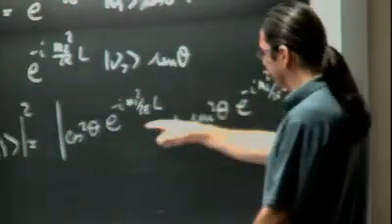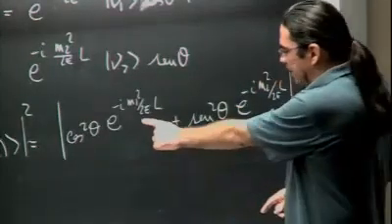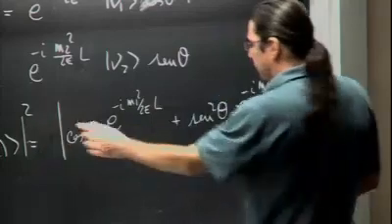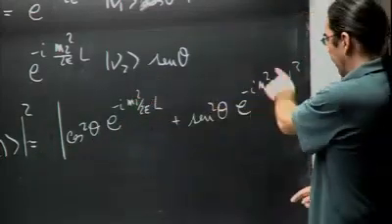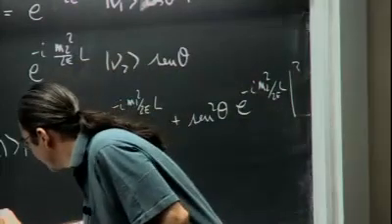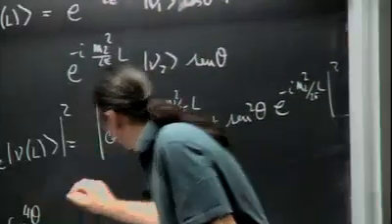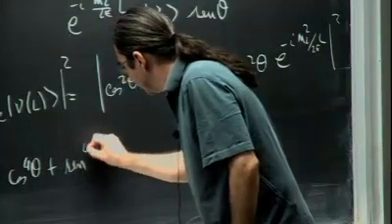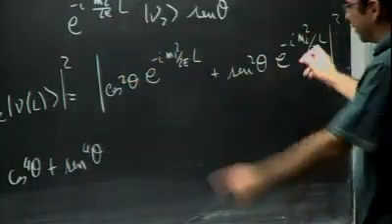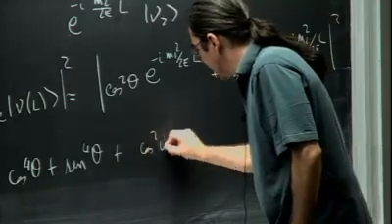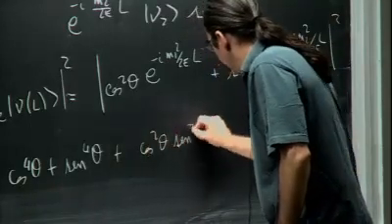So we can calculate that. One easy way to do this is to take this phase factor, pull it out, and then the square of that is 1. Here you get the difference of the phase factors. So you get cosine to the 4th theta from the square of this, plus sine to the 4th theta from the square of that. Then you have the interference term. You get cosine squared theta, sine squared theta.